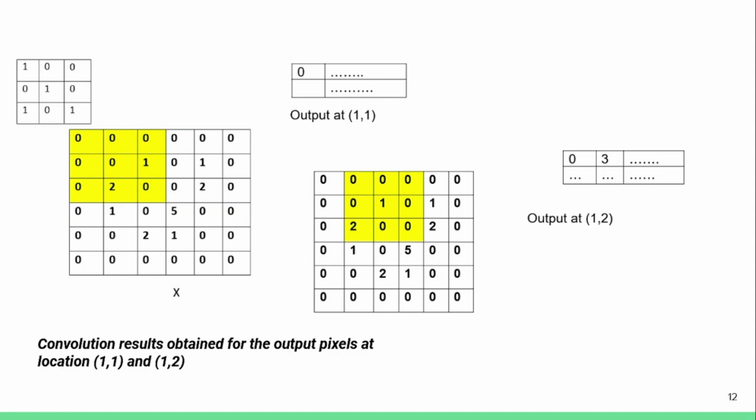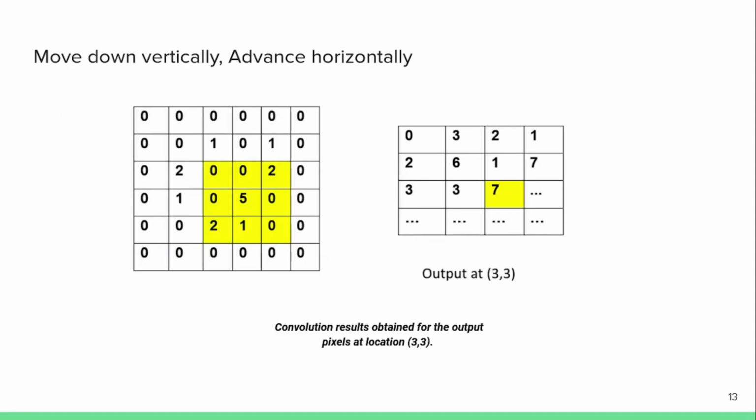So the first pixel value of the output image will be 0. Next, let us advance the kernel along the same row by a single pixel. We will multiply and add the shaded matrix. The resultant output pixel will be 3. The next step would be to advance vertically down by a single pixel before restarting to move horizontally.